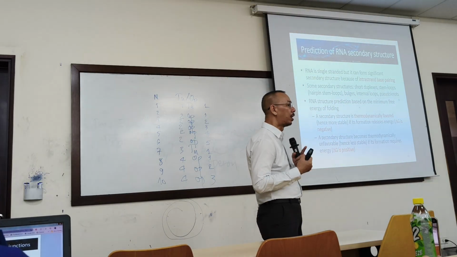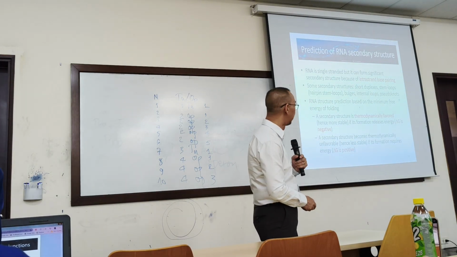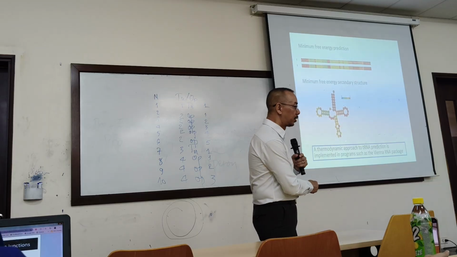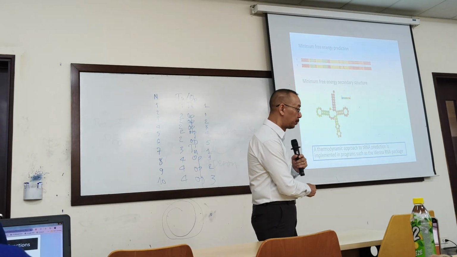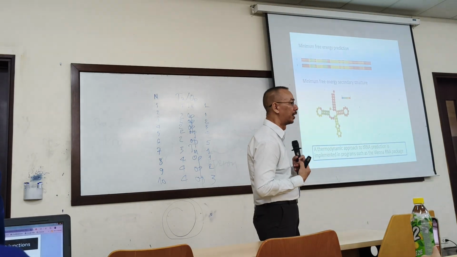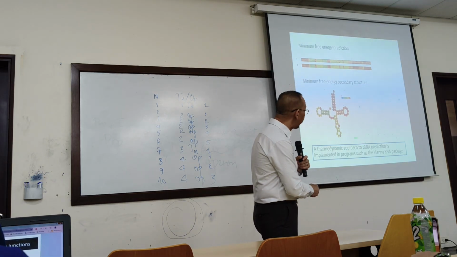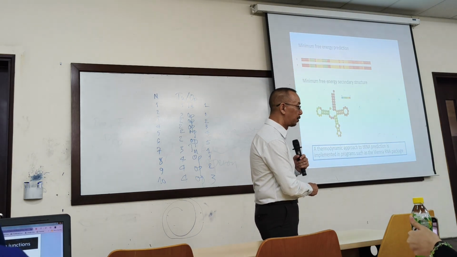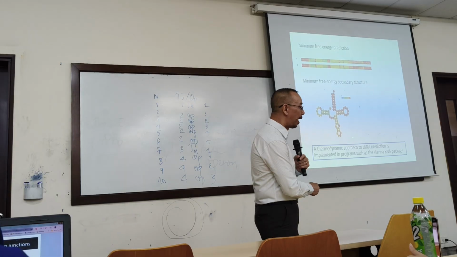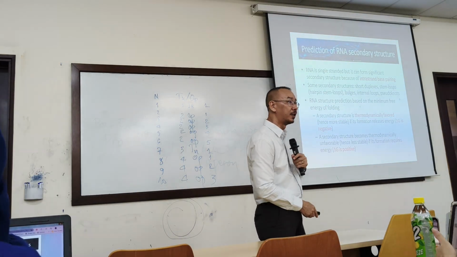That means not requiring energy, minimum energy to make the secondary structure stable. If it requires energy, that means a very active and unstable structure. So that's why we predict the secondary structure of RNA based on minimum free energy.